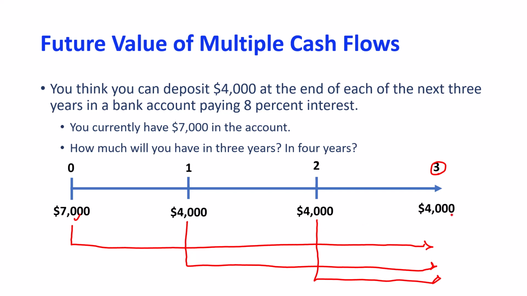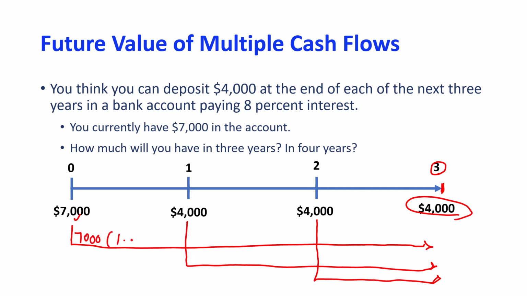But keep in mind, this one is already a future value in year 3. So we don't have to do anything for that. The last $4,000 that you receive has no chance of earning interest because you receive it at the end of the period. But the other 3 have an opportunity to earn interest, or compound their interest, for 3, 2, and 1 year.